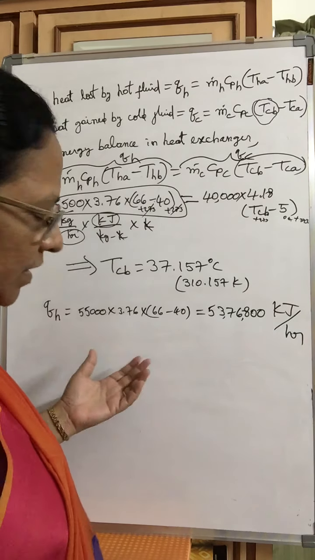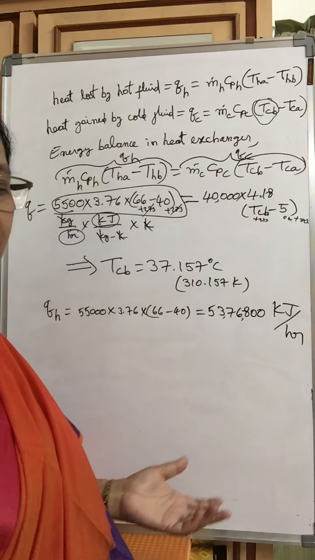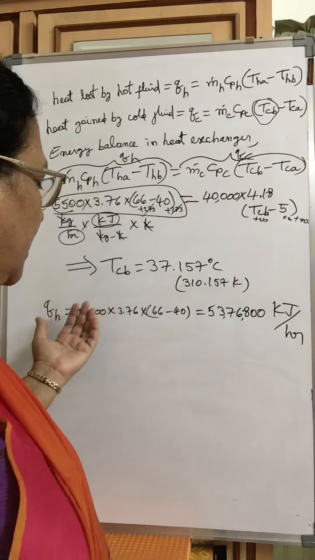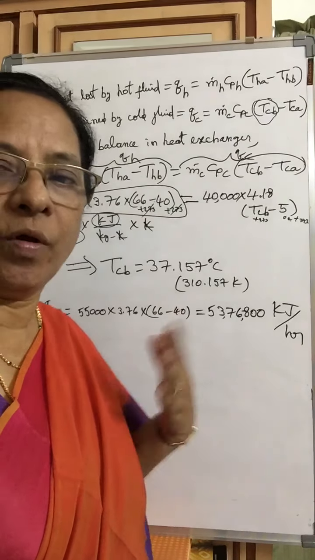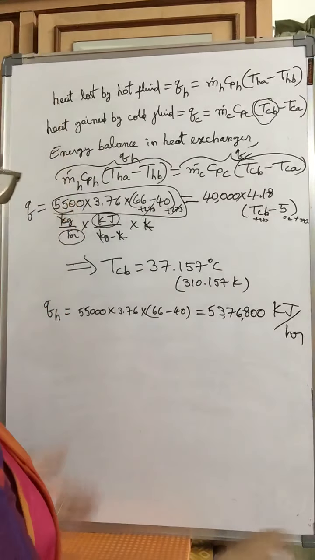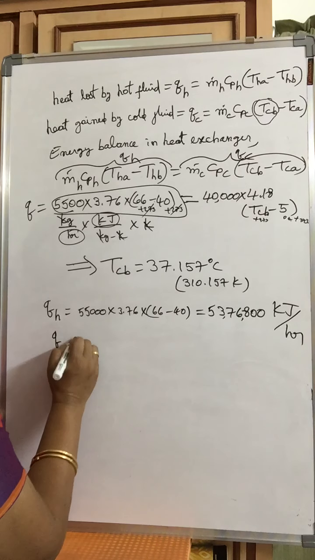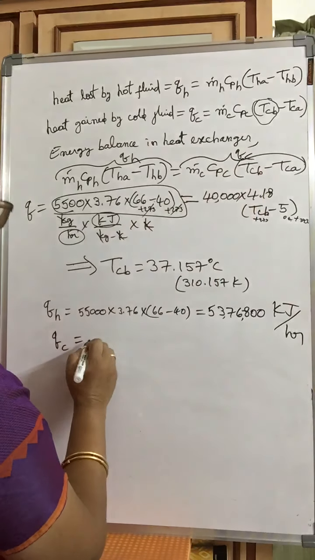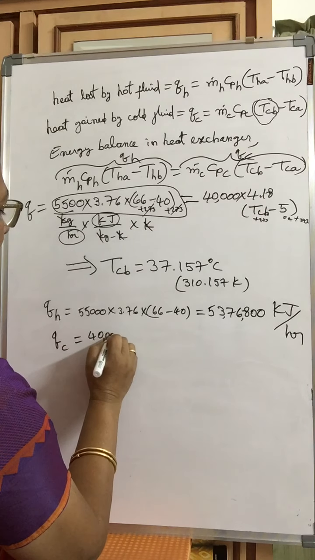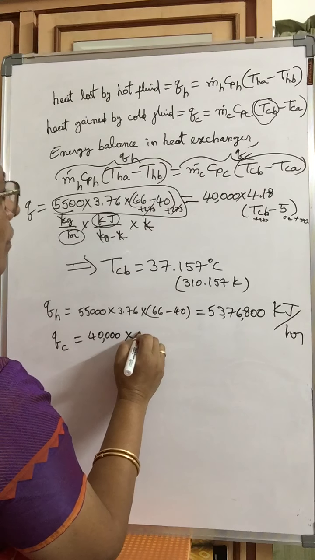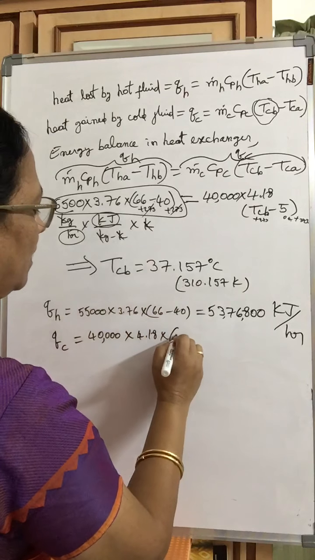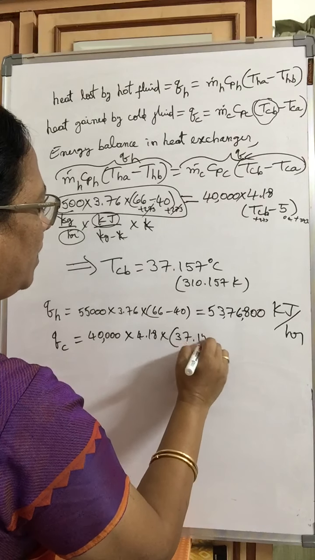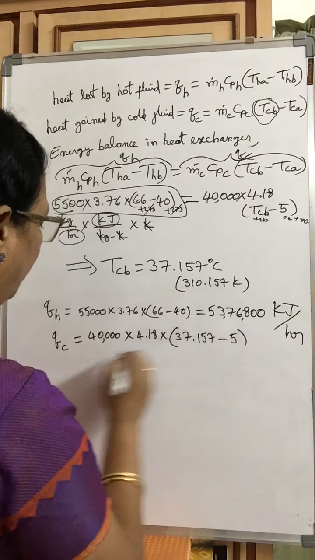Actually QH is enough. You can take this only as Q with a small error. But if you want a more accurate solution, you can also calculate QC, and QC is 40,000 into 4.18 into TCB, which is 37.157 minus 5.